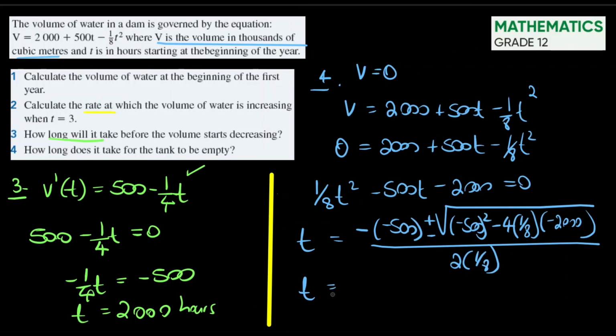And we should find that the t that we get when we calculate the positive t will be 4,004 hours. That's how long it will take the tank to be empty. And if you want to calculate how many days, you can divide this by 24. Then if you want to calculate into months, after dividing it by 24, you can divide it by 30. Then you're going to get the months, and so on and so forth. But in this context, they asked you how long it takes the tank to be empty.